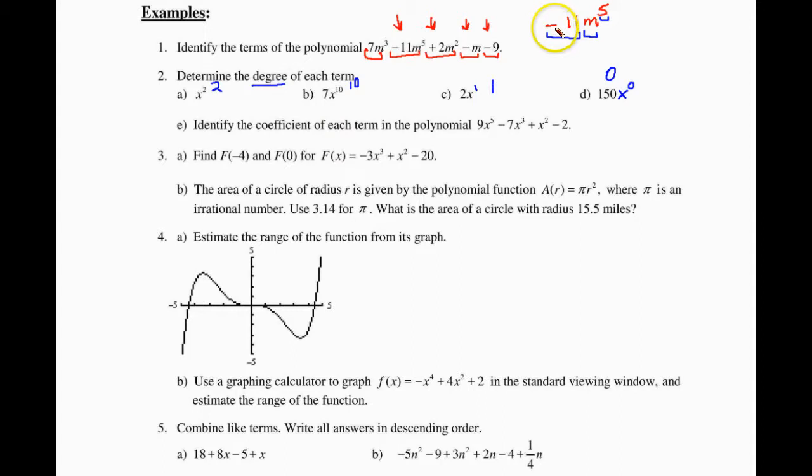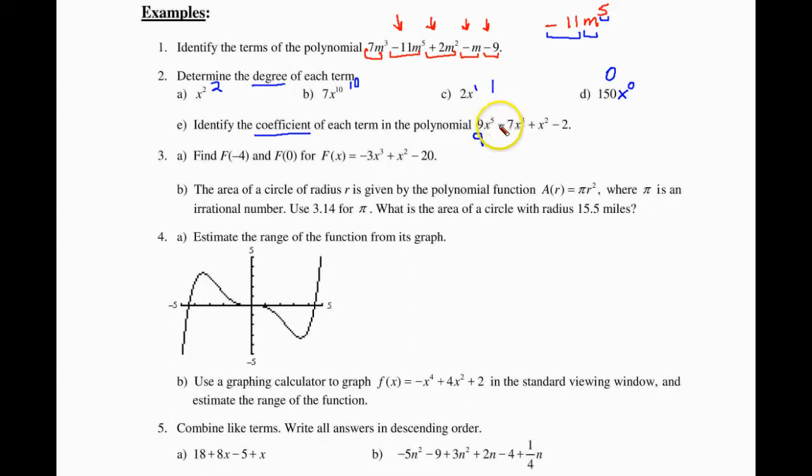Now, again, in our term, we said the numerical part was the numerical coefficient. So that's what they're asking us to identify here. So take a moment. What is the numerical coefficient of this term? 9.